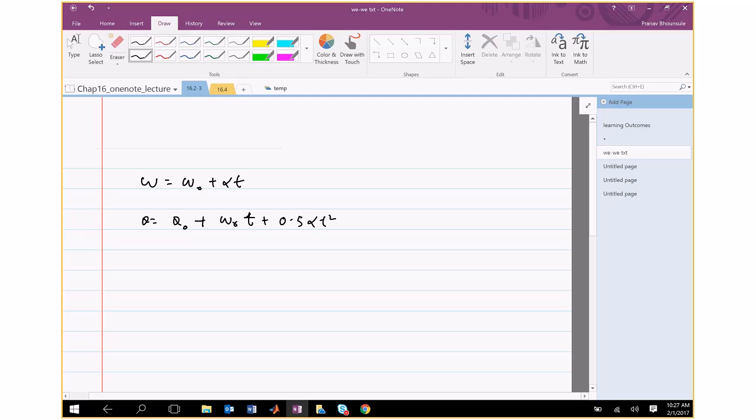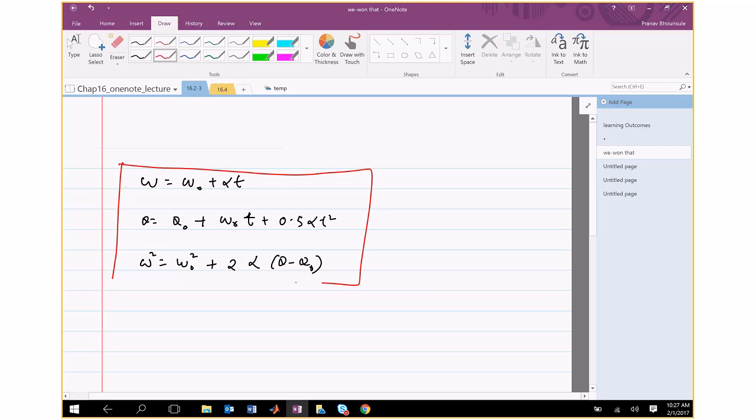And then if you take the integral of the third equation I wrote, alpha d theta is omega d omega, what you get is omega square is omega 0 square plus 2 alpha times theta minus theta 0. So these are the equations for things moving in circles, or things rotating.